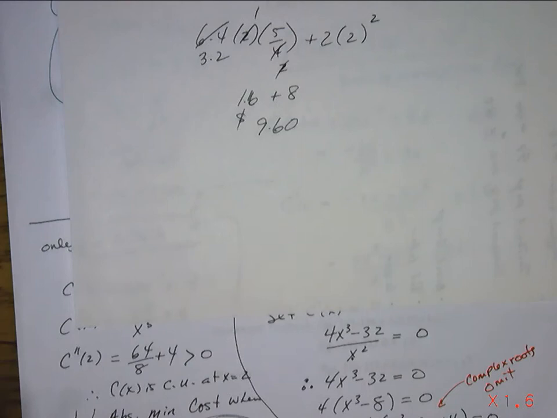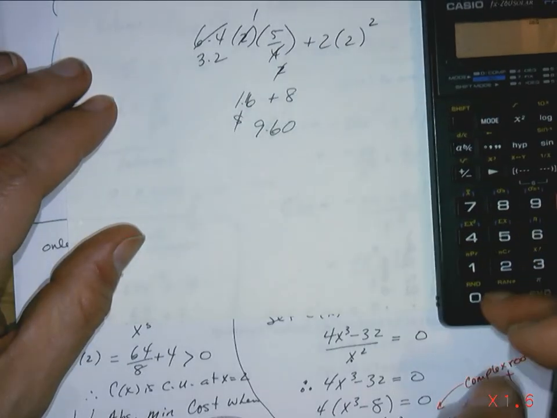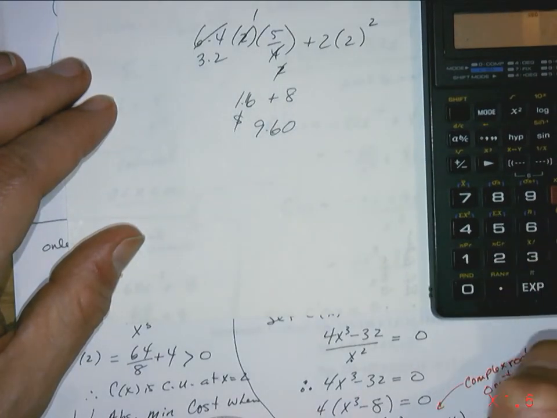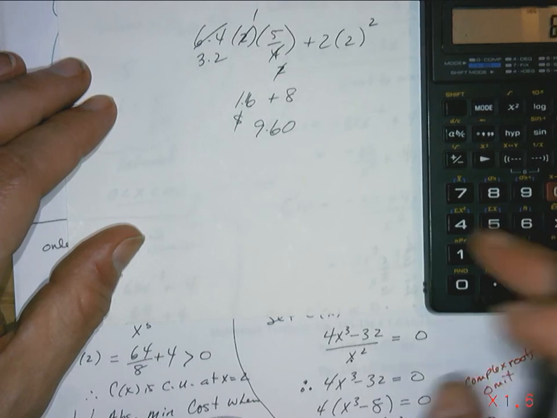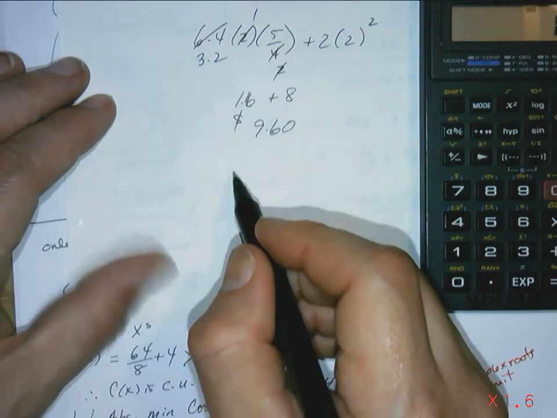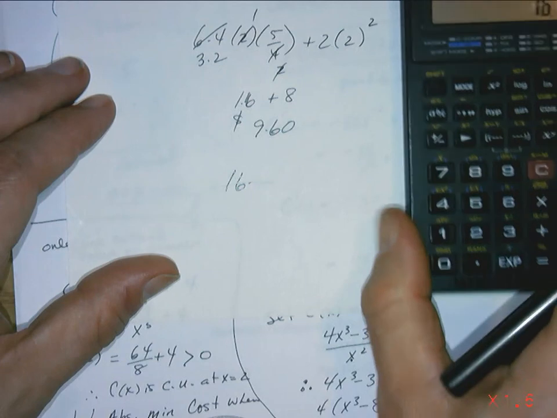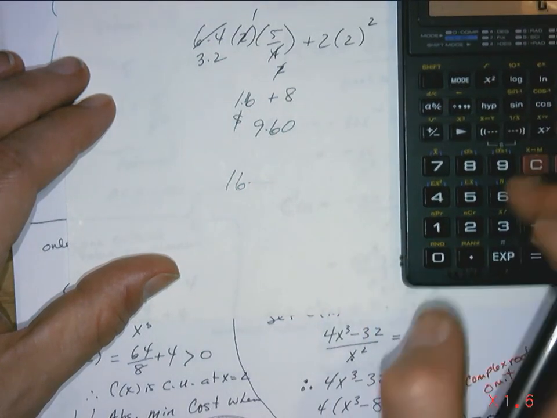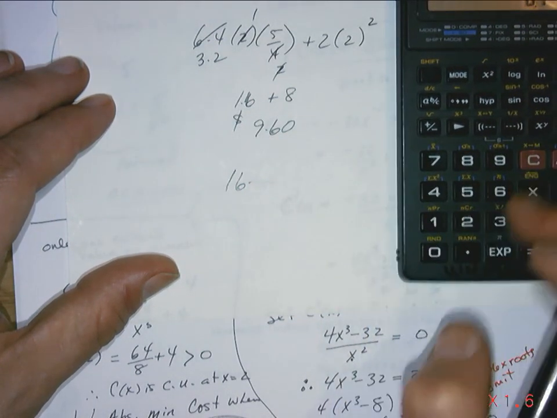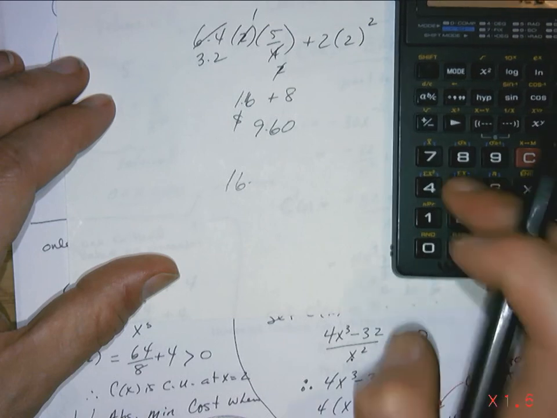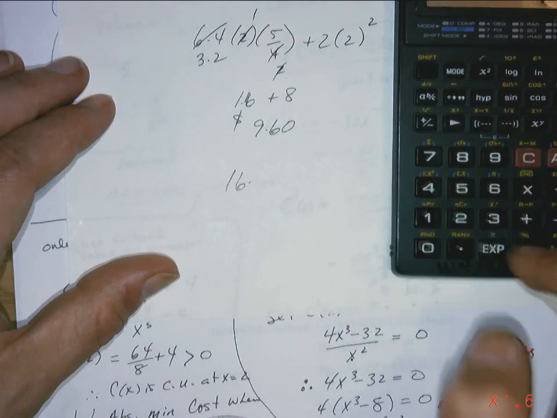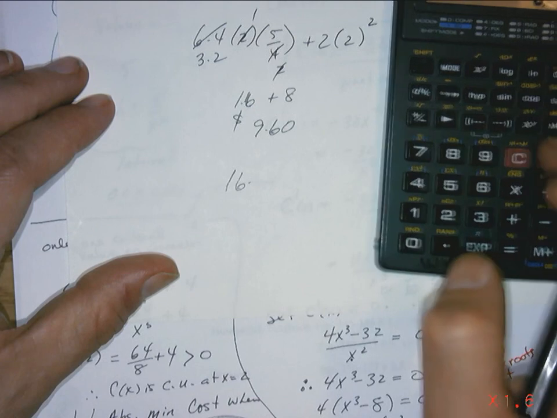But I think we're looking at, here, let me do it all in one. 6.4 times 2 times 5 divided by 4 equals 16. Oh, maybe I did make a mistake. Let's try that again. 6.4 times 2 times 5 divided by 4 equals, ooh, something's weird.